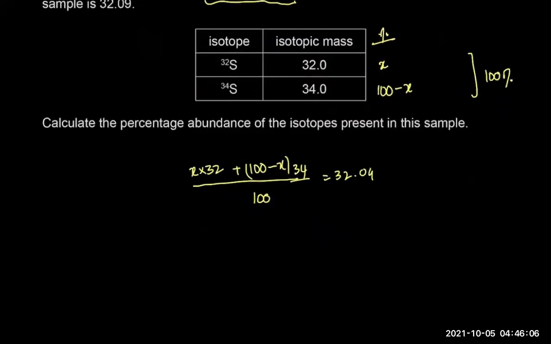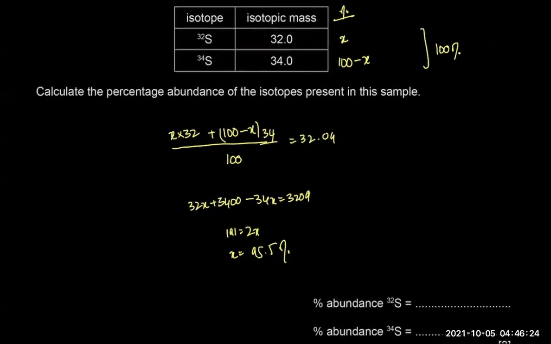So we get 32x plus 3400 minus 34x is equal to 3209. Multiply 100 on both sides. We get 191 is equal to 2x. So x is equal to 95.5%. So the abundance of sulfur 32 is 95.5% and the abundance of sulfur 34 is just 4.5%.